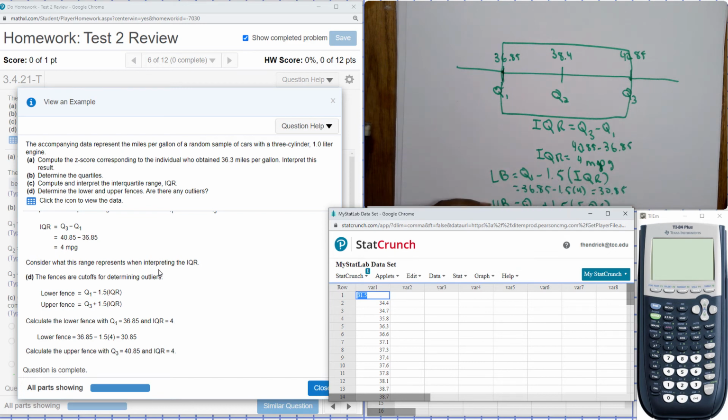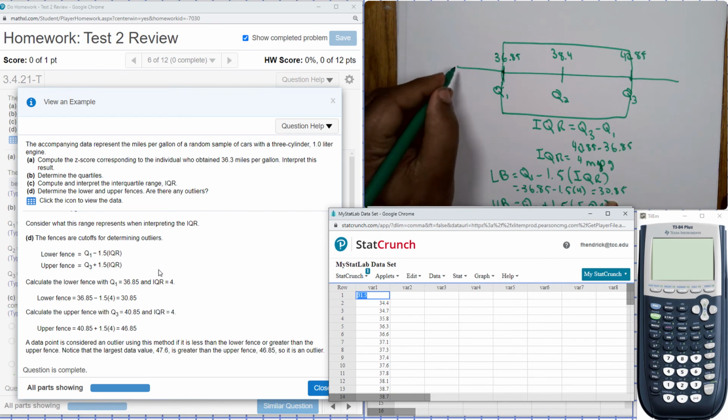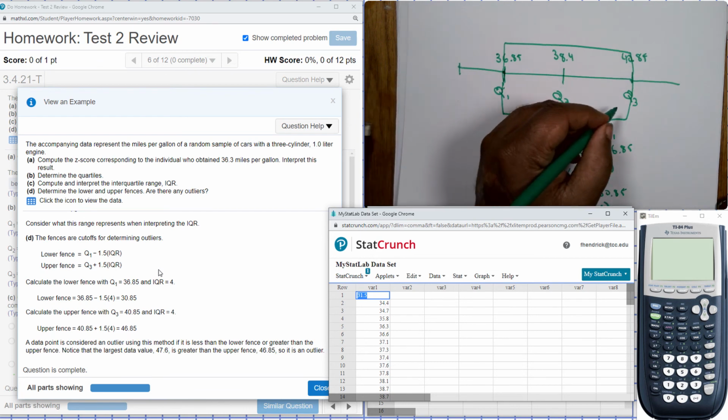And for the upper fence, I have 40.85 plus 1.5 times 4, which gives me 46.85. So 30.85 would be here, and 46.85 would be here.